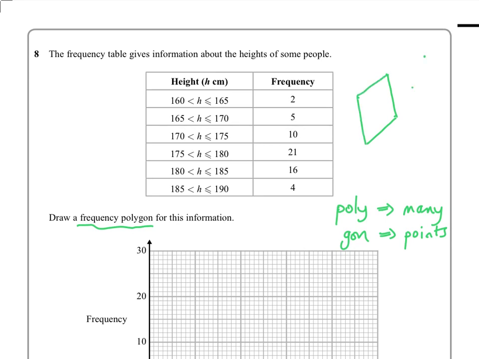You have 3 points, you can make a triangle, whose old name used to be trigon, 3 points. So we want a polygon, so we're going to be looking at the frequencies. So it's probably going to be 6 points that I'm going to be drawing, and I've got to make a polygon. And that's all there is to it. So let's have a look.